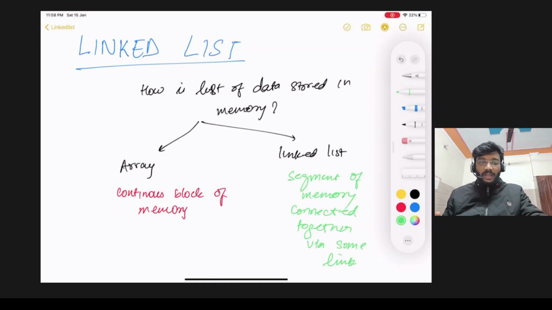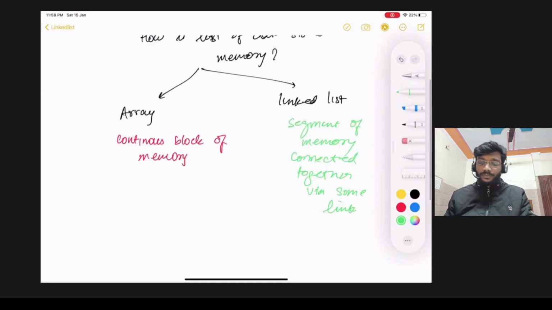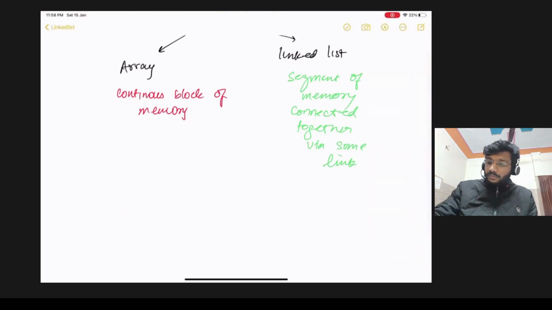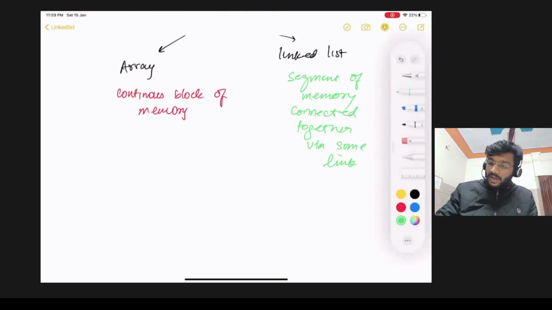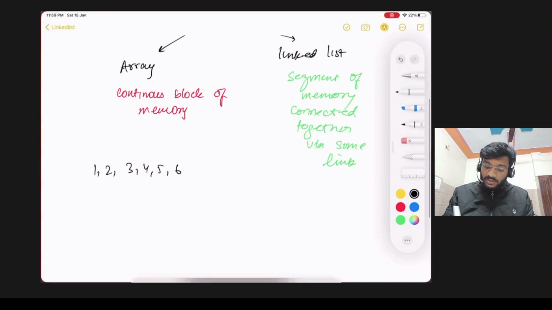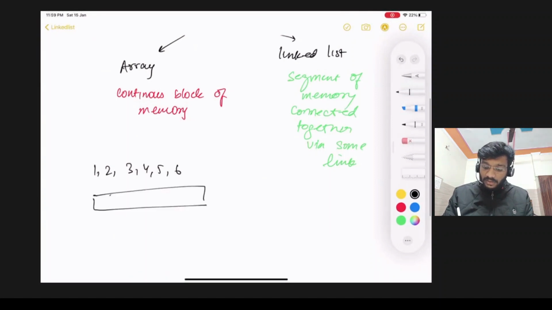So what is a linked list? Like I said, it's segments of memory connected together. Now let's take an example. Let's say I have to store a list of integers, say 1, 2, 3, 4, 5, 6. In the case of an array, you will store this in one single place.